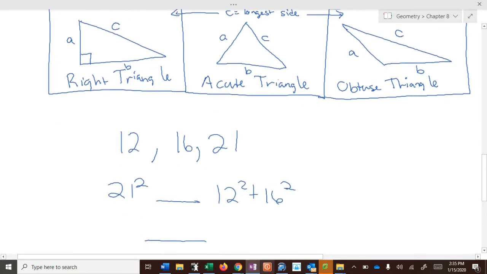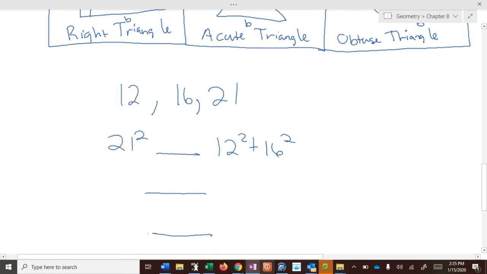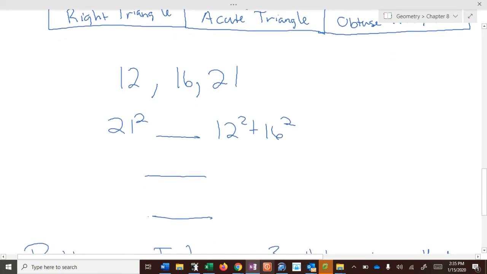All right. So what type of triangle is a 12, 16, 21? Well, the 21, you make C. The biggest one, you always make C. It's not just the last one, but the biggest one, you always make C. So 21 squared compared to 12 squared plus 16 squared. 21 squared is 441. What's 12 squared? 144.